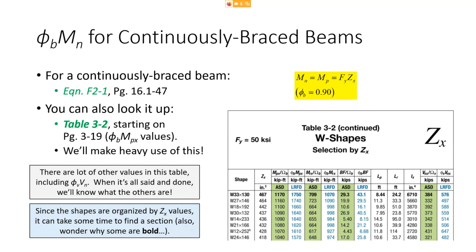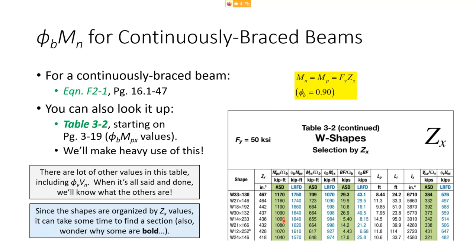A couple other points worth mentioning. So right now, again, I just want the FEN values. When it's all said and done, we'll know what all these values are. Another thing, the reason why we call this the ZX table is because if you look at the way the columns are organized, they're actually organized by their ZX values. So if you look, like here on the slide, it's 464, 442, 437, 436.